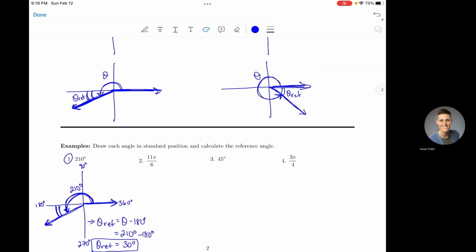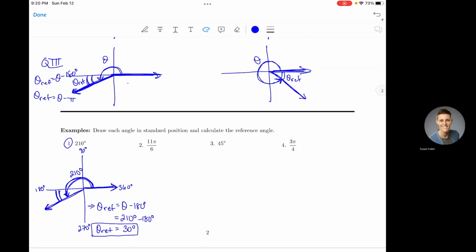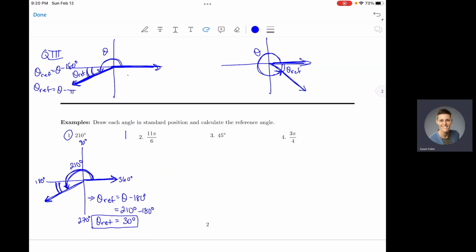So here in quadrant 3, you calculate your reference angle by finding your angle theta minus 180 degrees, or theta minus pi radians. Sorry, that's not super clear. I want to rewrite that because it got a little cramped. So that's how we're going to calculate our reference angles in quadrant 3. Okay, let's try the next one.